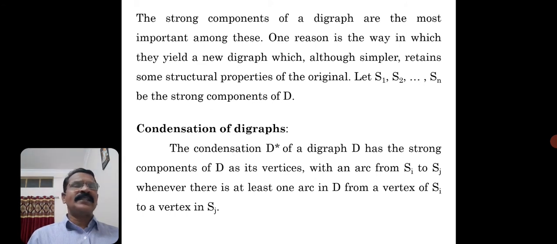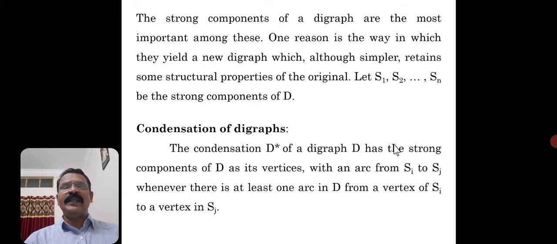So let us consider the subsets, say S1, S2, S3 and so on up to Sn, of the strong components of D. So we are going to consider the strong components of the digraph D with the subsets S1, S2, S3 and so on. Okay, so these are the basic ideas.